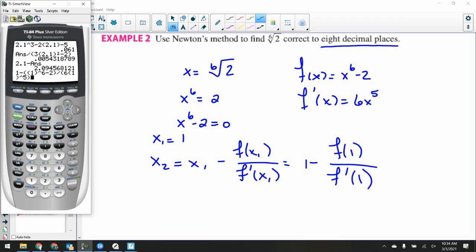Otherwise it might try to divide by 6, then multiply. Yeah, I need that. 6 times 1 to the 5th. Okay, let's run. 1.16. Good, I match. So x2 is 1.16 repeating.